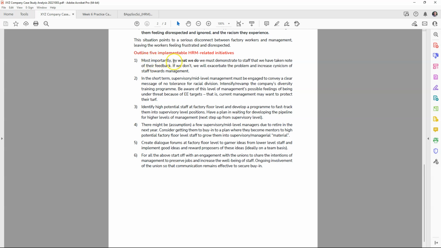So most importantly, by what we do, we must demonstrate to staff that we have taken note of their feedback and their dissatisfaction and so on. Because if we don't do that, we will exacerbate the problem and increase cynicism of staff towards management. So in my experience, you would identify the issues and you would communicate with staff. But let's say you have a list of 10 issues, and I'm just picking a number.